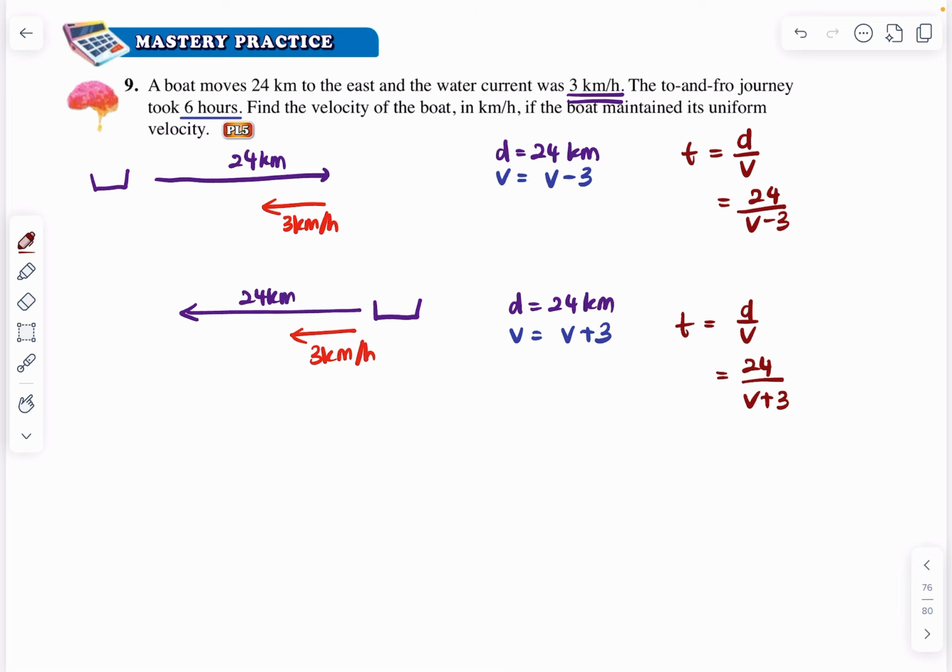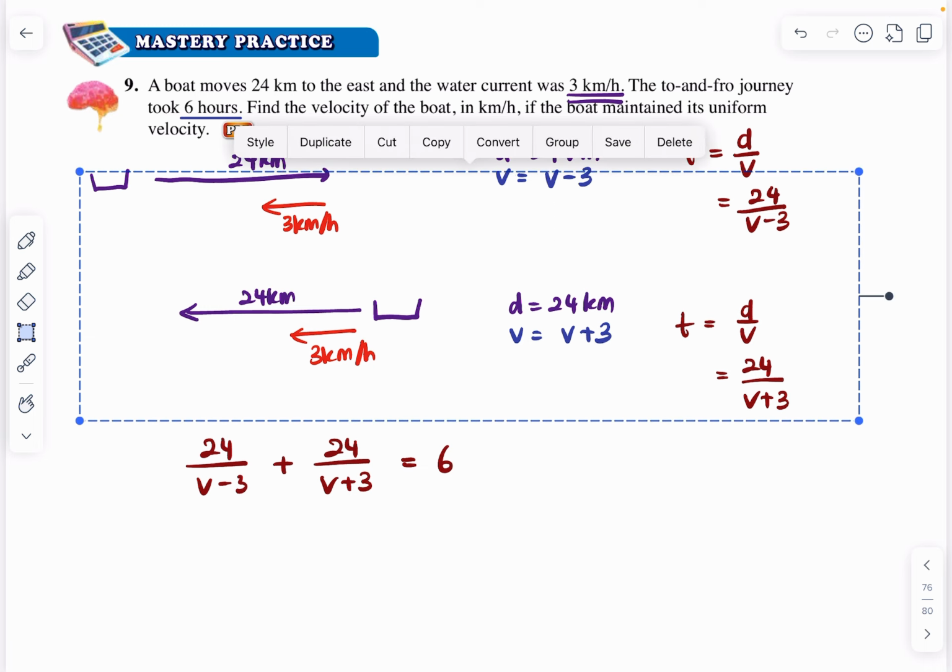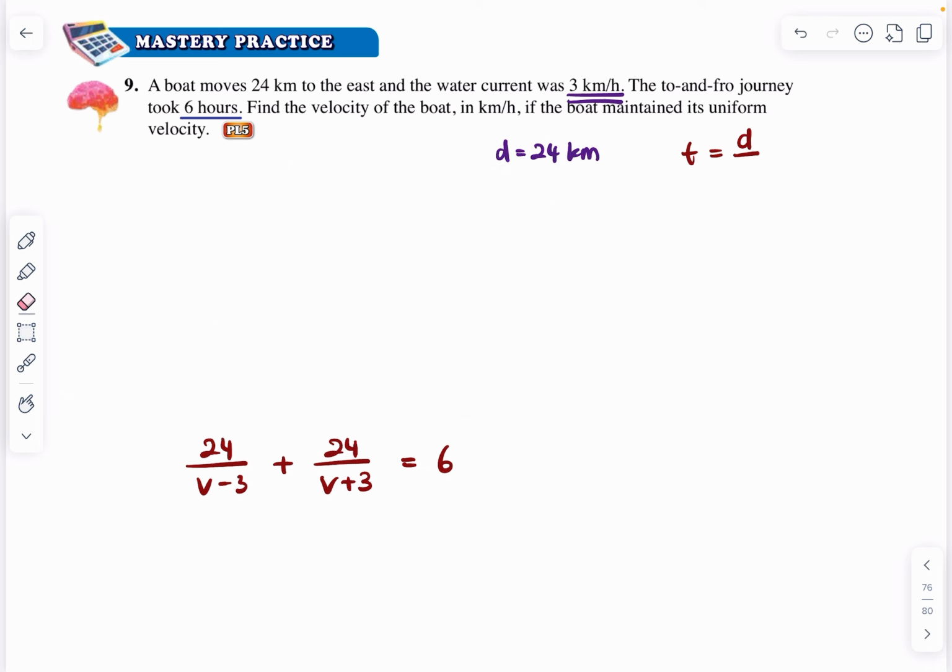We know the total time taken is 6 hours, so the time for the top journey plus the return journey gives 24 over (v minus 3) plus 24 over (v plus 3) equals 6. Now we have to solve this. This is the whole question, solving for v.